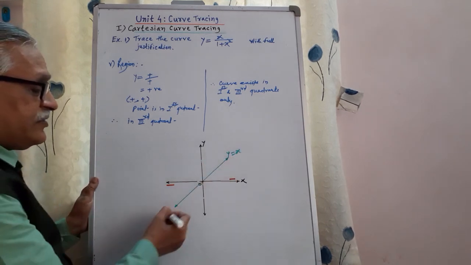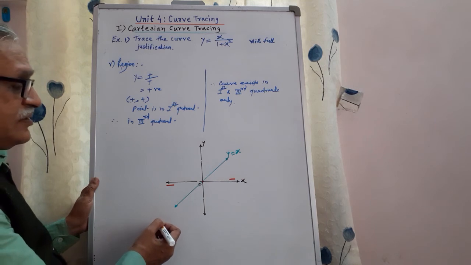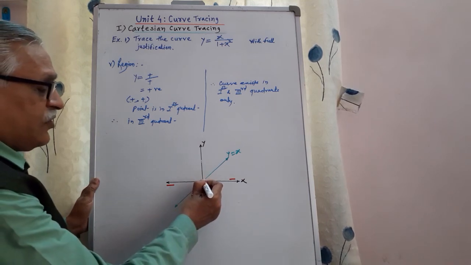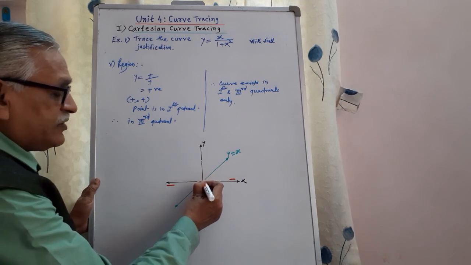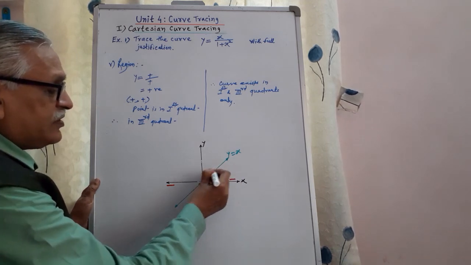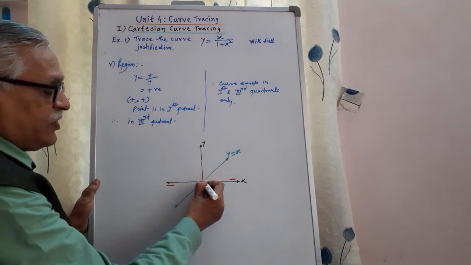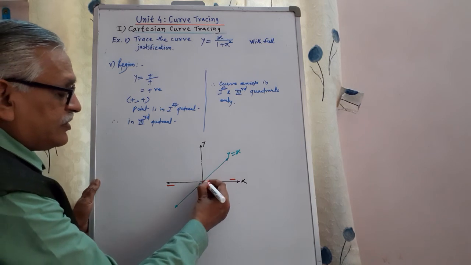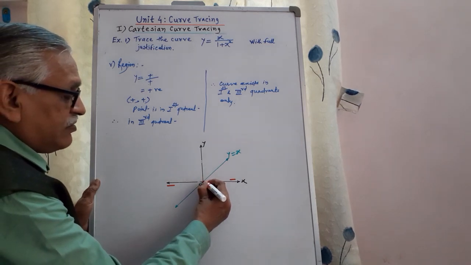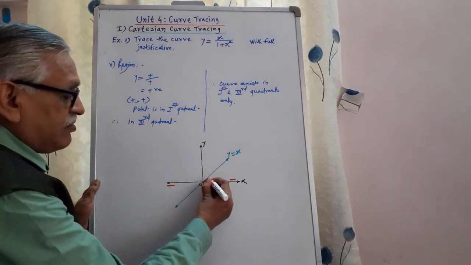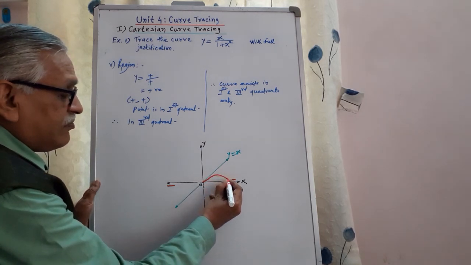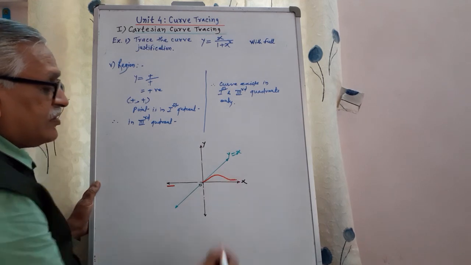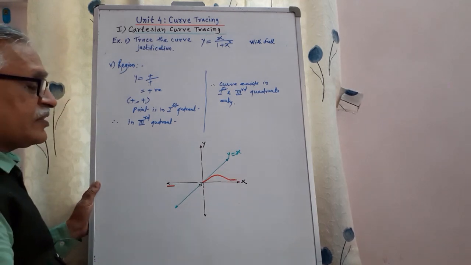This line is a tangent at origin. Therefore, the shape of the curve is slightly parabolic or single point of contact. Therefore, it doesn't cross this line anywhere when we join this point with this part. Therefore, we make the shape of the curve like this.